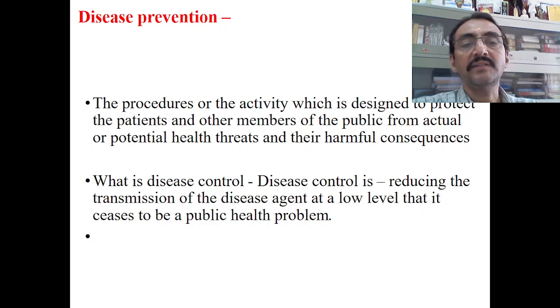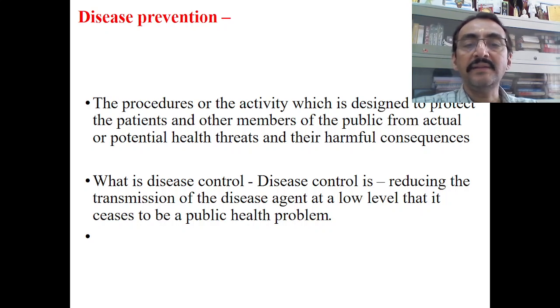Not exactly the disease control. Disease control is reducing the transmission of the disease agent to such a low level that it ceases to be a public health problem. That means when I say infectious disease control, it is reducing the transmission of the disease among the public, among the family members or among a group of people.